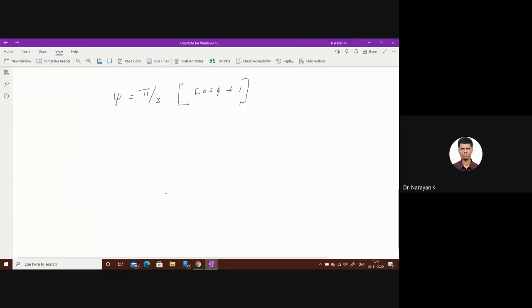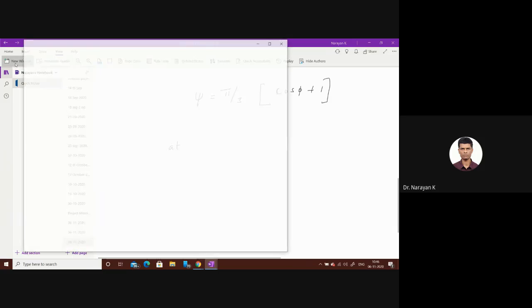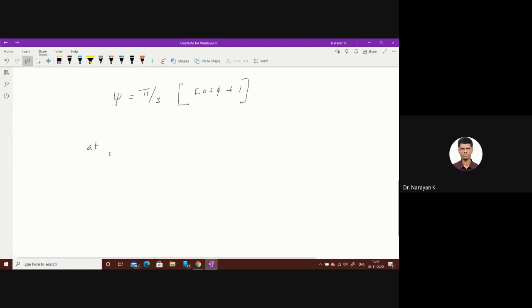Now, to find the direction, next you have to find the maxima direction at phi equal to phi max.